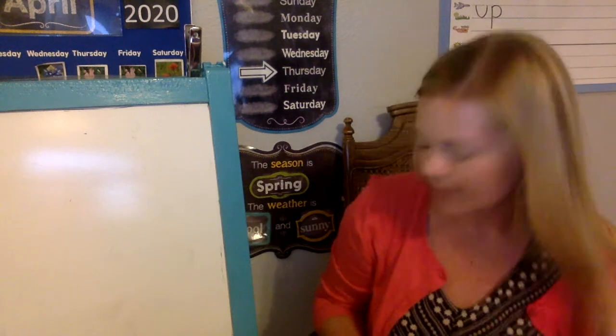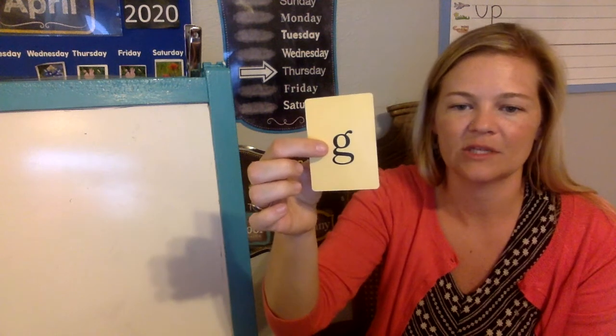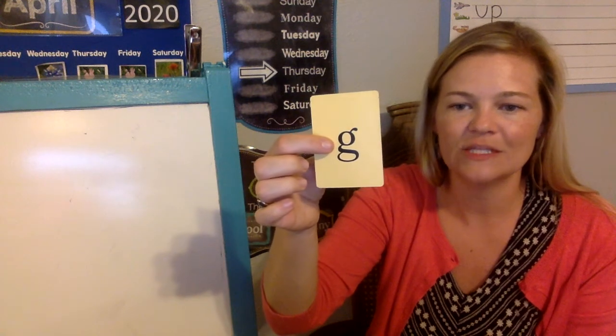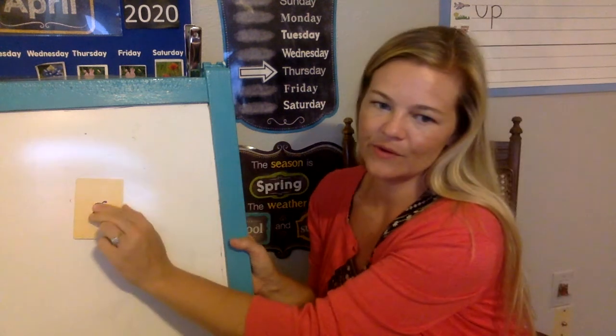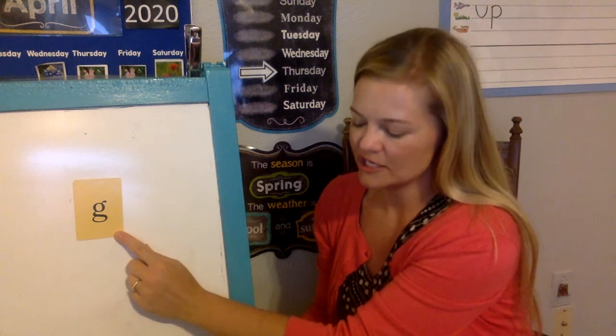Okay, now I want you to find the G. Find the G. G makes a G sound, like game. It looks like this. So find the G magnet tile and put it in the rectangle. So far we have a G at the beginning.